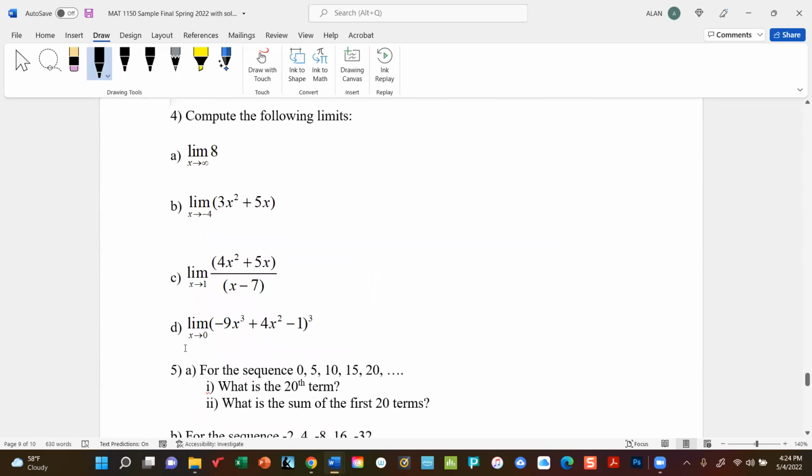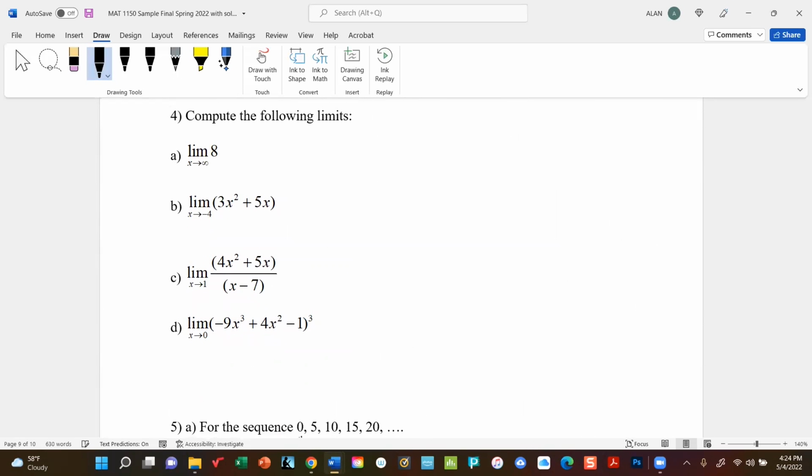All right, then we have some basic limits, which is nice. These are straightforward. This is very much like what we had before. The limit of a constant is a constant. Here we're just replacing the x's with minus 4.